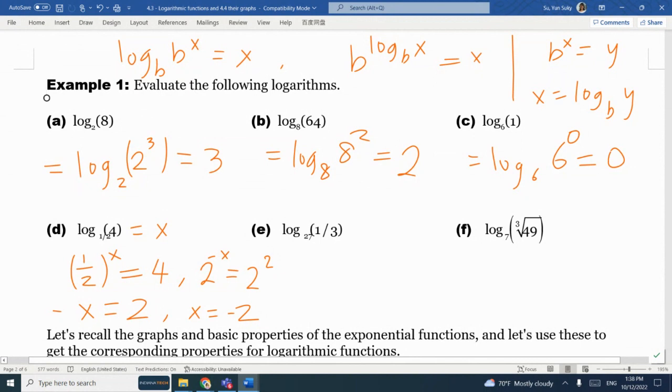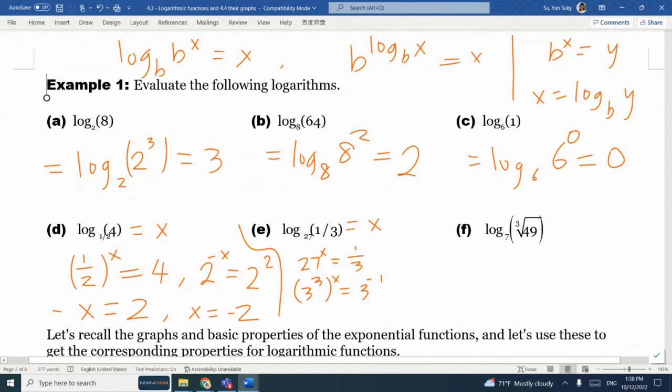Okay, let's check our work. So what do you have? You set it equal to x, right? What do you get? 27 to the power x equals 1/3. What's 27? 3 cubed, raised to the power of x. What's 1/3? 3 to the -1.